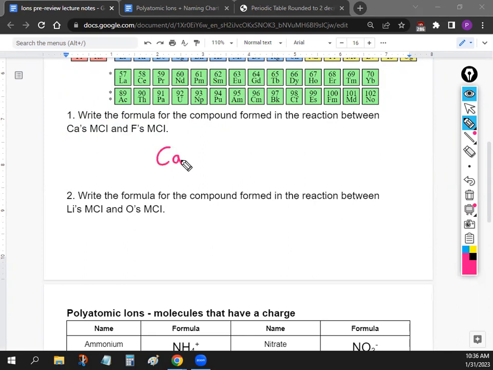Let's look on the periodic table and write down the MCI for Ca and for F. Look up what Ca wants to become and what F wants to become. Take about a minute to do that, and then we'll double check. Again, look at the top of the column on your periodic table. You're going to be looking at Ca and F.